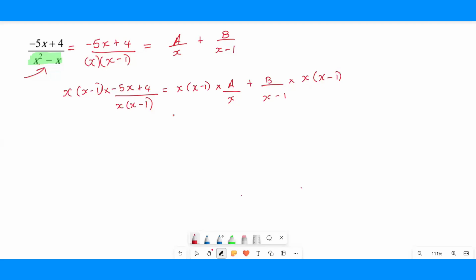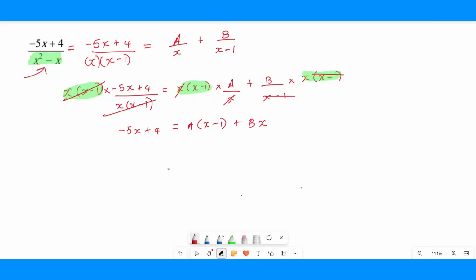As you could see, we multiply throughout by this denominator, x times x minus 1, and then let's do our canceling. On the left side, it fully cancels itself. We're left with negative 5x plus 4, and this is equal to, so the x would have canceled here, A times x minus 1, and then the x minus 1 would have canceled here, and we're left with plus Bx. All right, so that's what we have here.